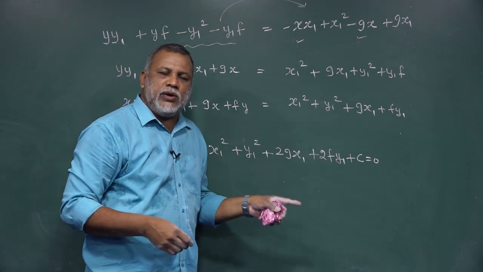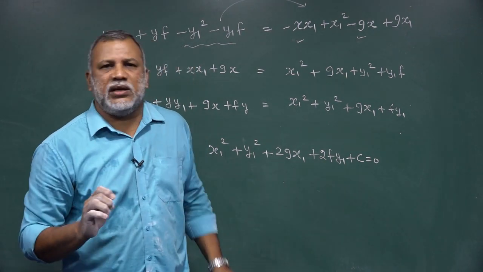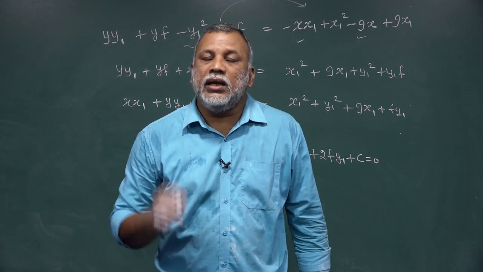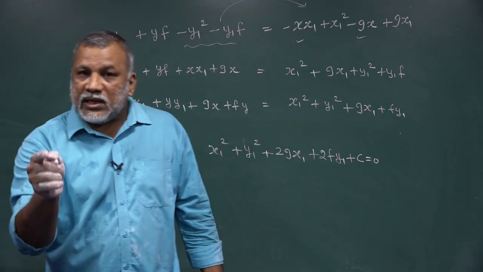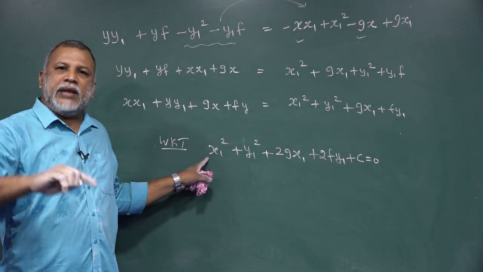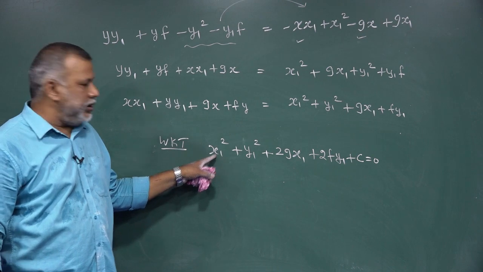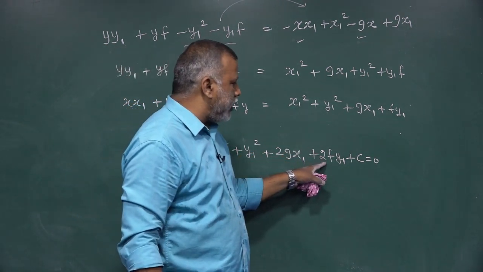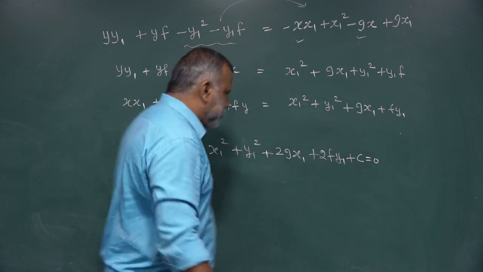How is this equation formed? What is the general equation of the circle? x squared plus y squared plus 2gx plus 2fy plus c equal to 0 is the equation of the circle. If that circle passes through the point x1 comma y1, it can be modified like this: x1 squared plus y1 squared plus 2gx1 plus 2fy1 plus c equal to 0.